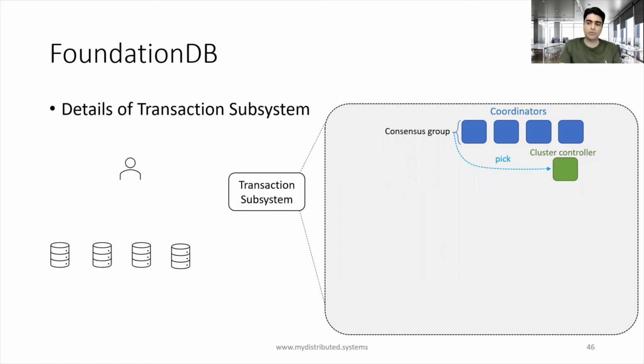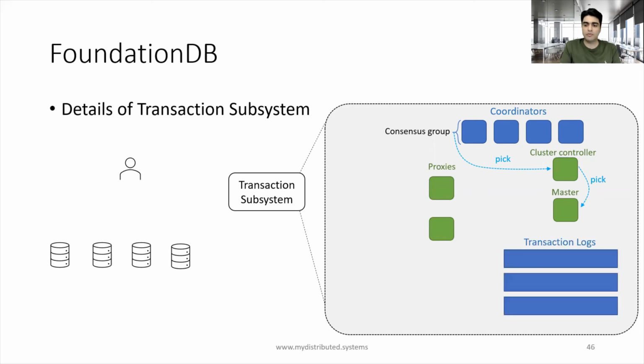The cluster controller also picks a master, and we have a set of proxies. These proxies talk to the client. We have a set of transaction logs, and suppose here we have a transaction log that is replicated, so we have 3 replicas of this transaction log, and we have a set of resolvers that do the job of conflict checking.